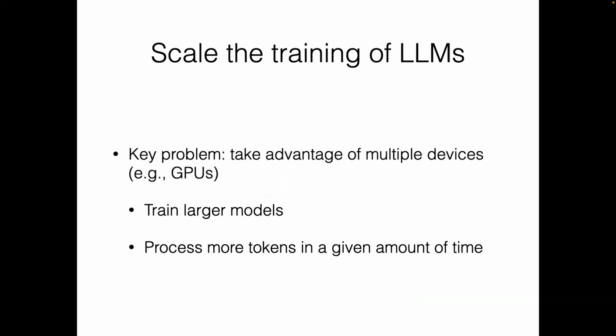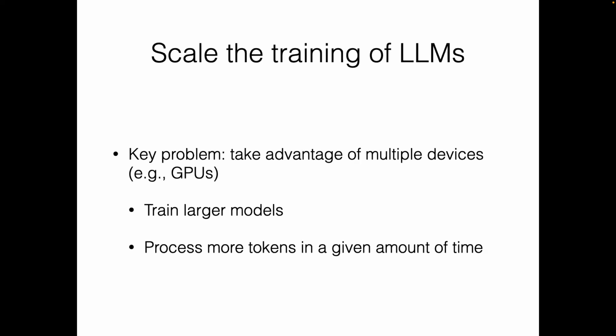There are also TPUs, but we're mostly going to focus on GPUs, CUDA GPUs. If someone gives you, say, a cluster of 16,000 GPUs, it turns out that it's actually non-trivial to optimally use all of that computation. So hopefully by the end of today, you'll see some techniques for taking advantage of this compute resource.